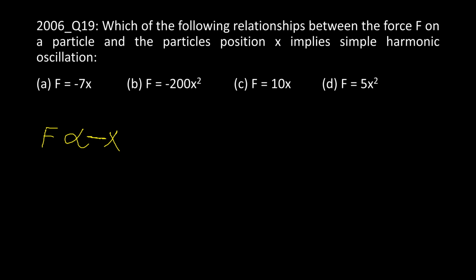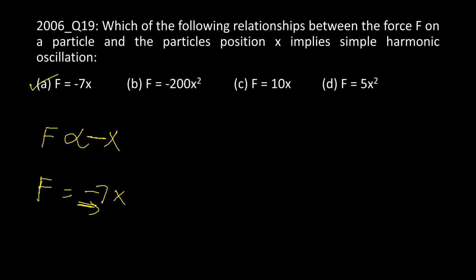So, if we observe the options, option A seems to be correct because here force is equal to minus 7x and this negative sign signifies that the force and displacement are in opposite directions.